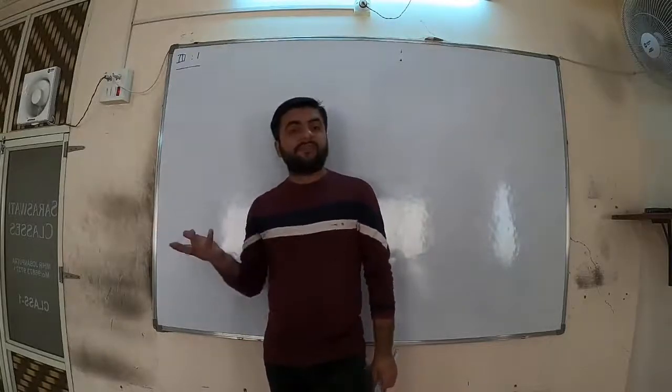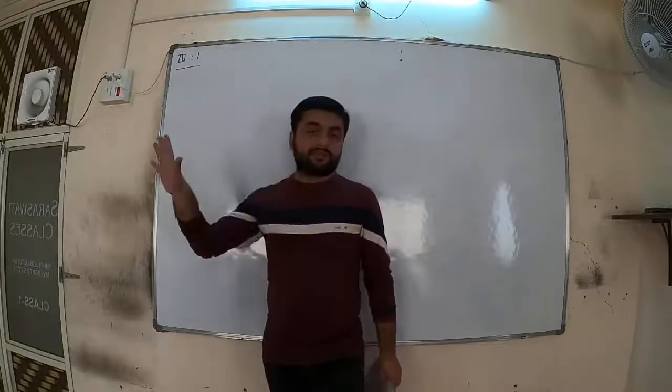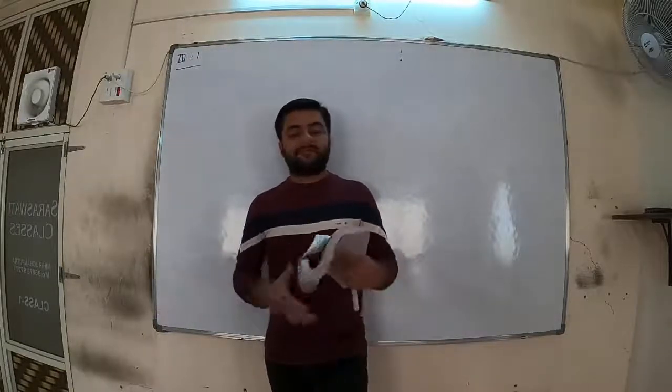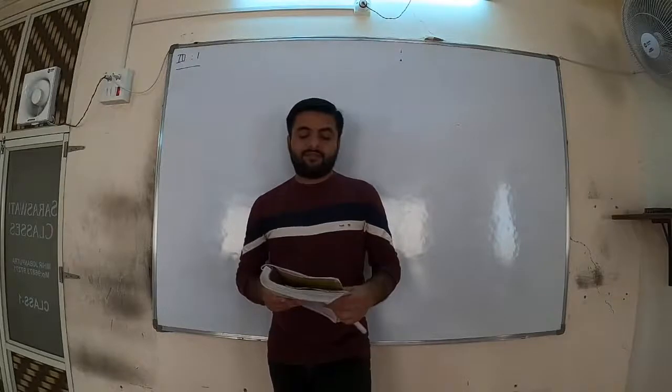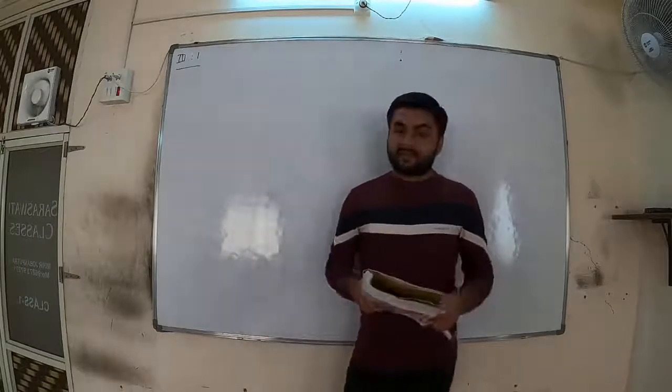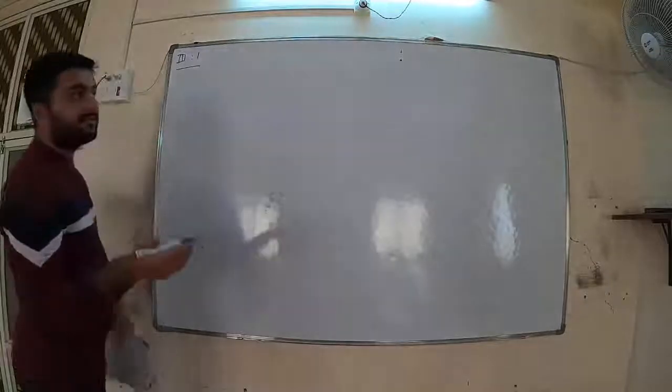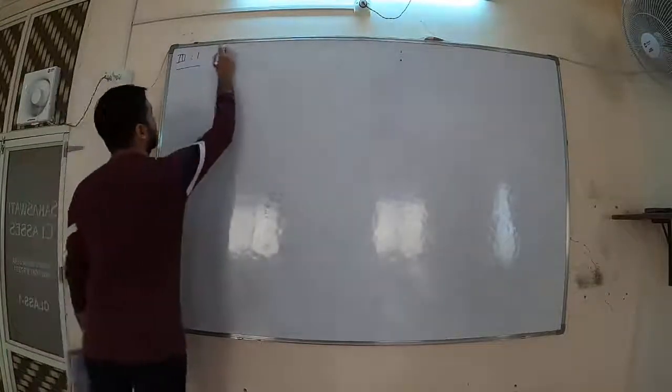What is the difference between that question? 12,000 was total drawings, here 500 is monthly drawings, so directly P is 500, then n is 78 by 12. 10% interest is chargeable, R is 10, calculate the interest. And they are asking an extra question, annual drawings.